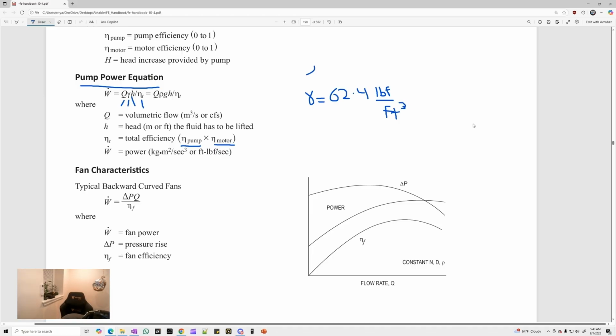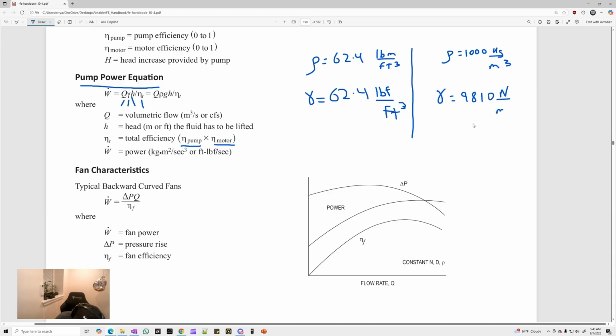The density of water in the English system is also 62.4 pound mass per cubic foot. Some people get confused because these values are exactly the same, but it's different in the metric system. We have a density of 1,000 kilograms per cubic meter and a specific weight equal to 9810 newtons per cubic meter.